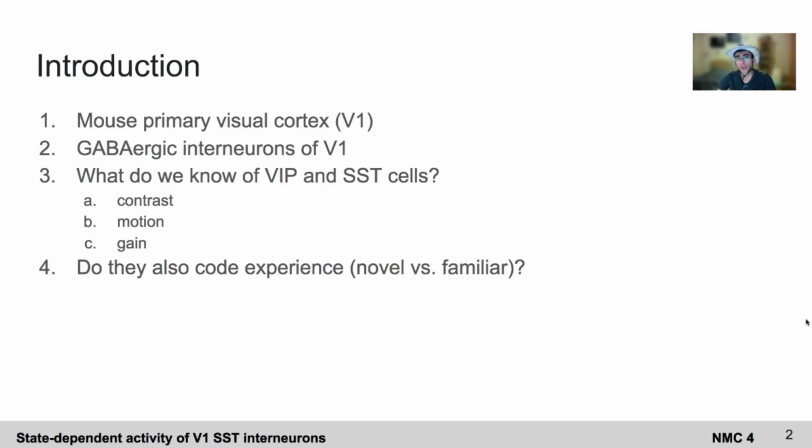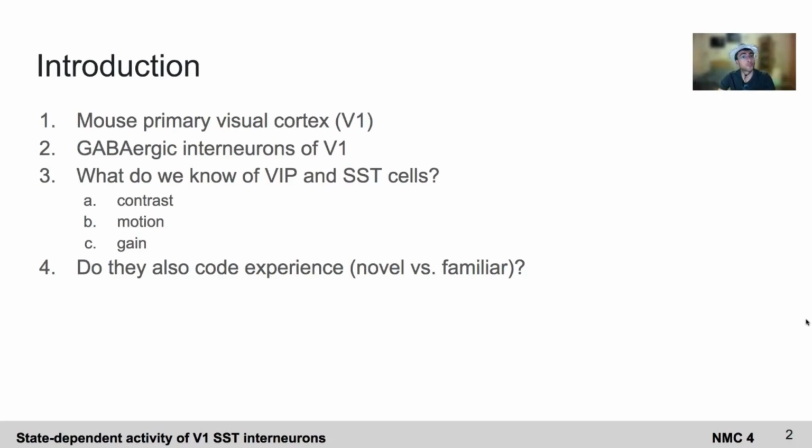What do we know about VIP and SST cells? We already know that they are found in most parts of the cortex, but they're usually in prefrontal and mouse primary visual cortex. They are usually seen and studied in layers 2 to 3 of the cortical slice, and VIP cells are responsible for front to back motion, which is congruent with self-motion.